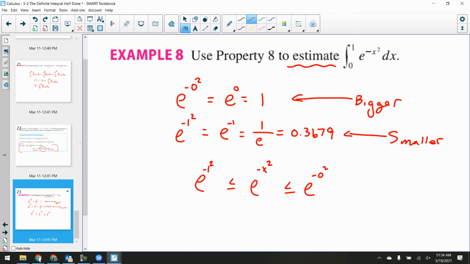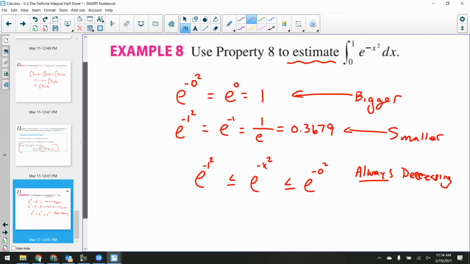And I know that because this is continuous. I know that there's not going to be any gaps or breaks, and it's not going to change directions. Actually, I know what it is. It's always going to be decreasing, right? Because the 0 is bigger than the 1. So it's always decreasing from 0 to 1, okay? There's no changes in direction with that.